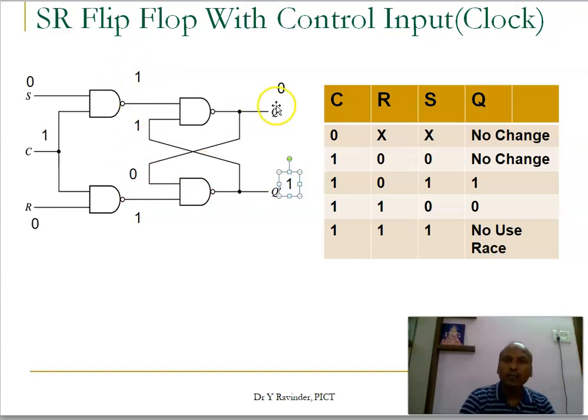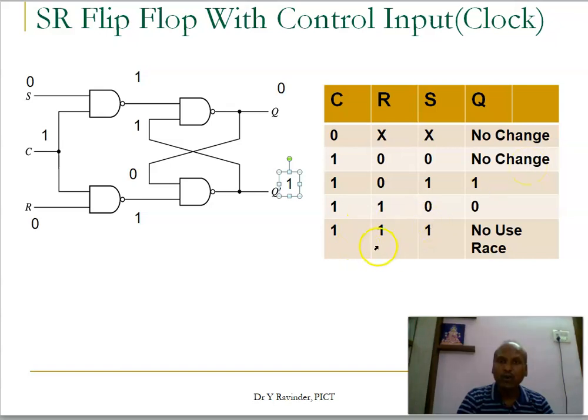So 1 1 makes 0, no change. So when the C is 1, reset is 0, set is 1, the Q is 1. When the reset is 1, set is 0, the Q is 0. It is reset. When both are 0, no change.